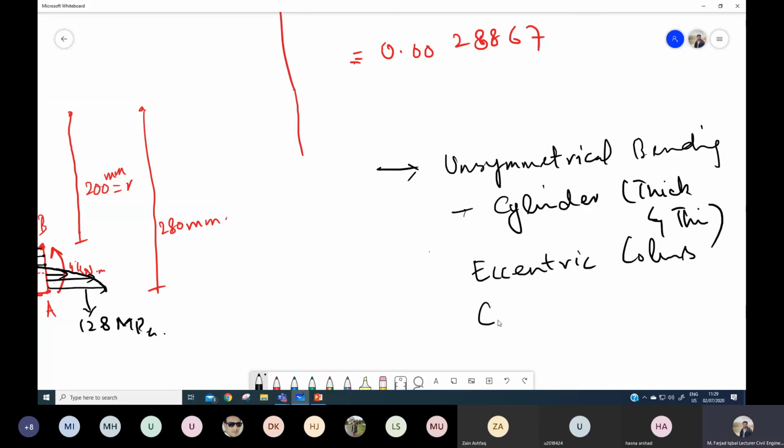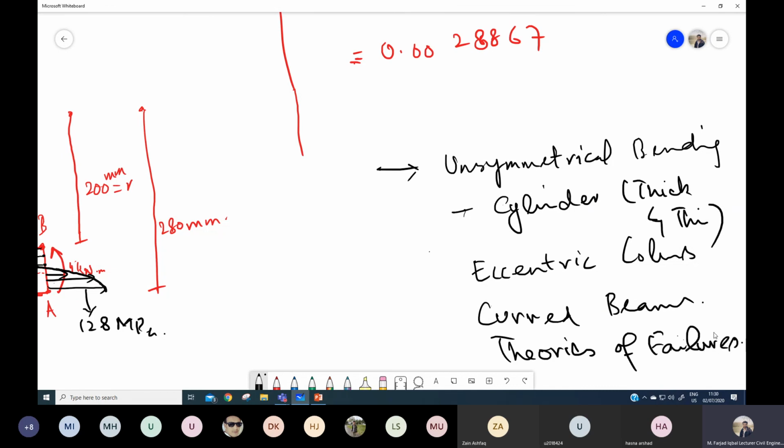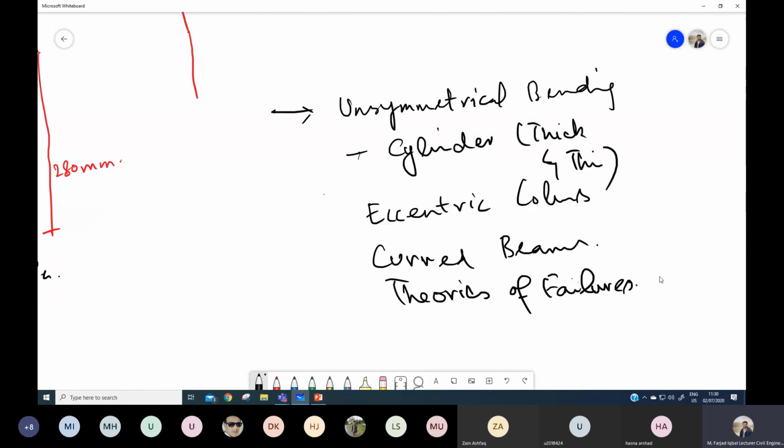The final topic was curved beams, but there is another topic also, theories of failure, for which I have already provided you with recorded videos from which you can understand what these theories of failure are.